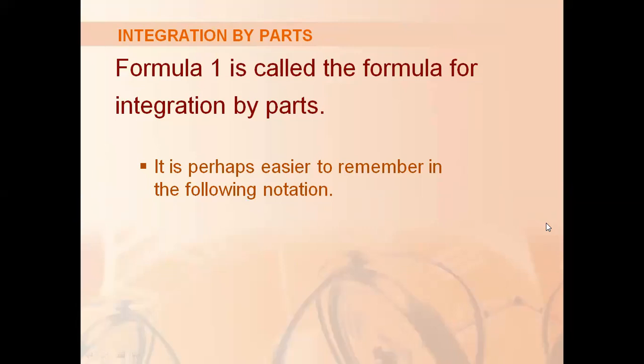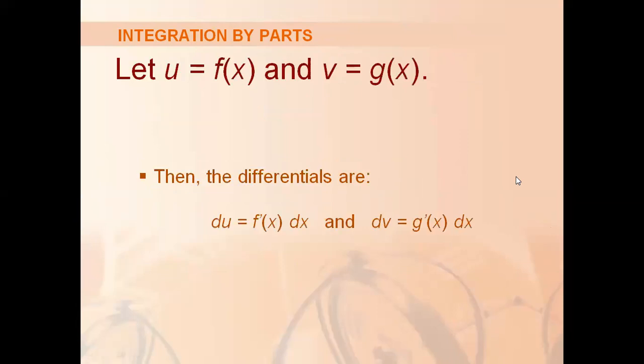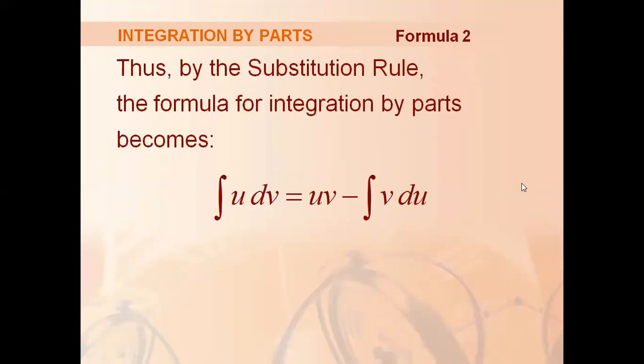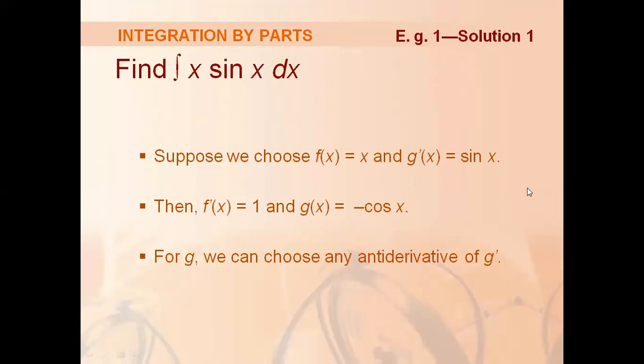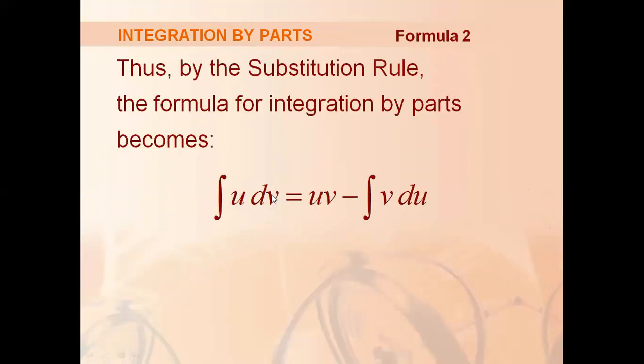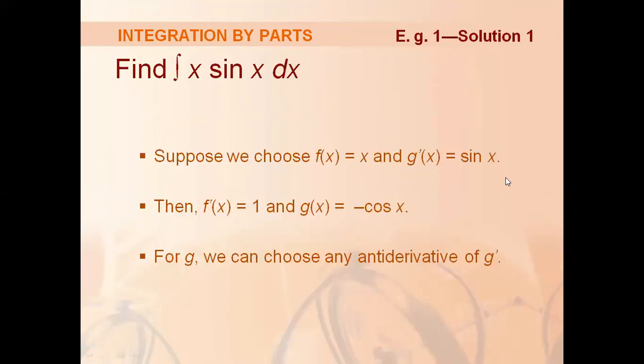So this formula is actually called the integration by parts formula. Suppose the first function is u and the second function v is g(x). Then we can write this formula after substitution like this: the integration of u dv is u into v minus the integration of v du.